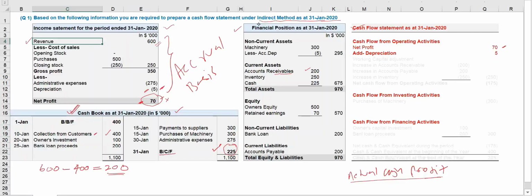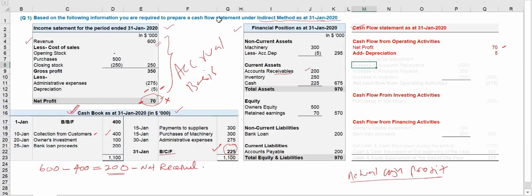So the net profit of 70,000 includes this 200,000 revenue which is not received. Hence, what should you do to identify the actual cash profit or actual cash flows?